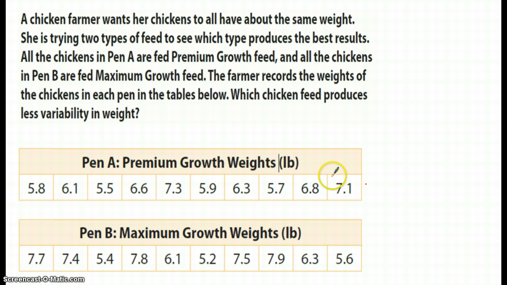So she weighed 10 chickens in pen A, and in pen B, 1, 2, 3, 4, 5, 6, 7, 8, 9, 10 as well. The weights were 7.7, 7.4, 5.4, 7.8, 6.1, 5.2, 7.5, 7.9, 6.3, and 5.6.